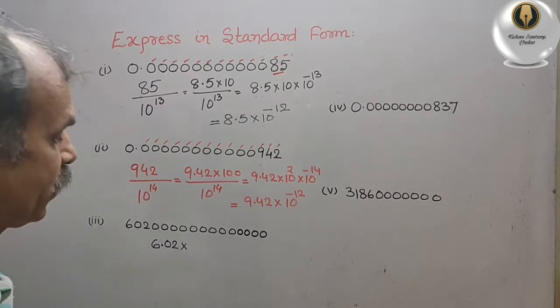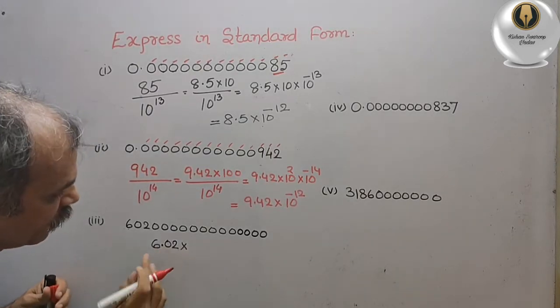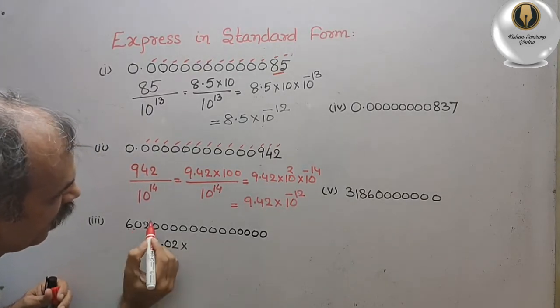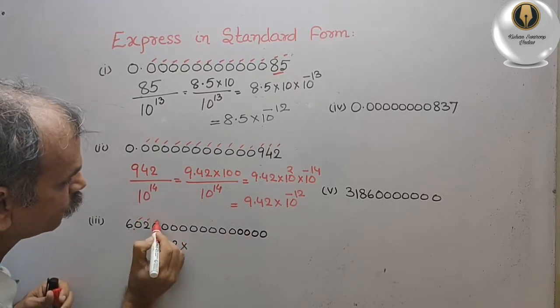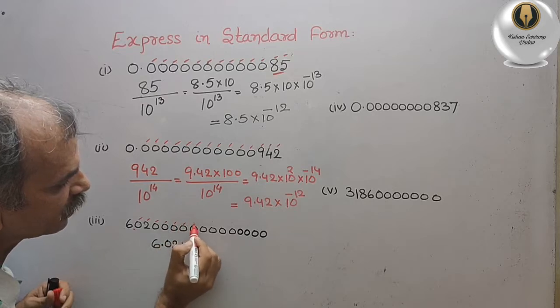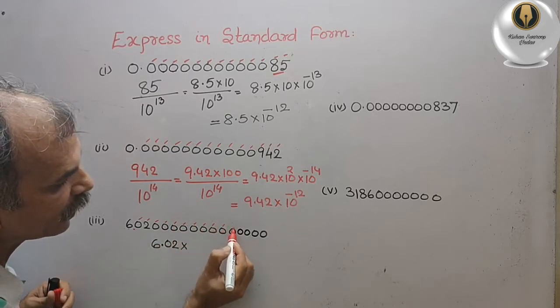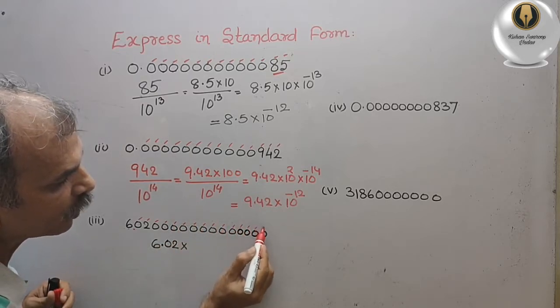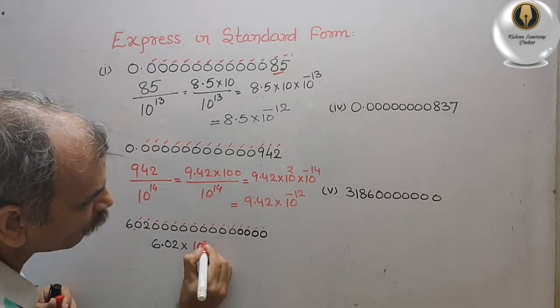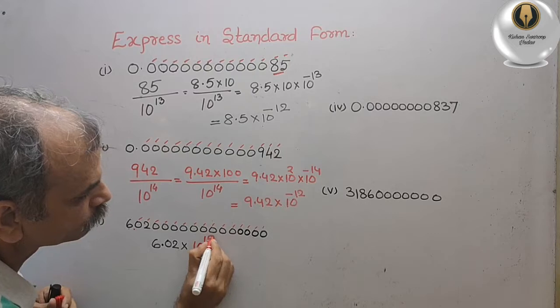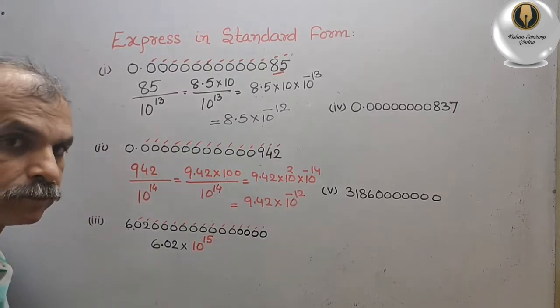So see, after this point, that means after from here, how many digits are there? 1 2 3 4 5 6 7 8 9 10 11 12 13 14 and 15. So we will write here 10 to the power of 15. That's all.